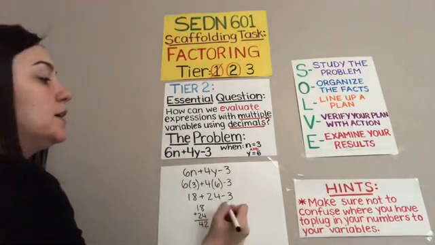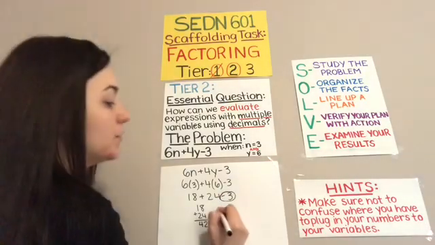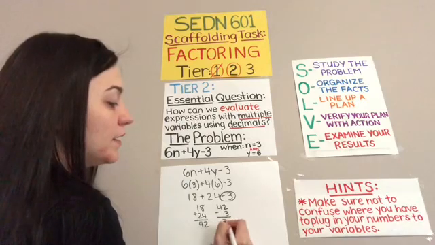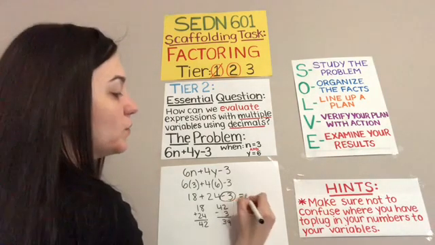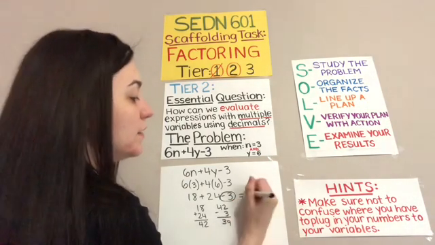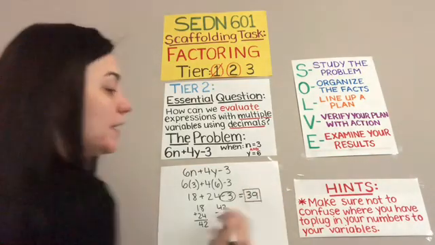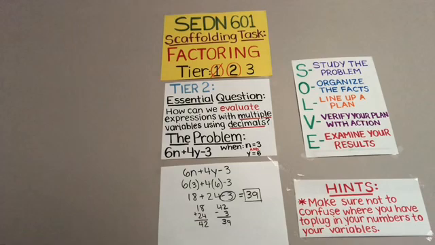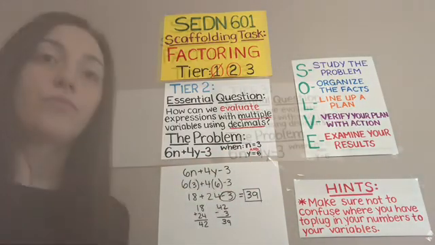Then what? We still have minus 3 left. 42 minus 3, 39. So the answer will be 39. And that's that. They have their hints here. Make sure not to confuse where you have to plug in your numbers to your variables. We still left that up for them, just so they know where their numbers go.